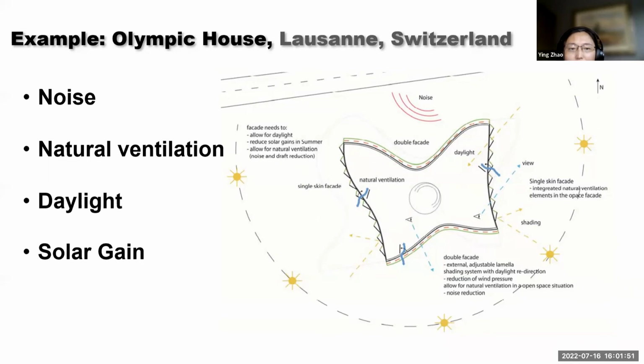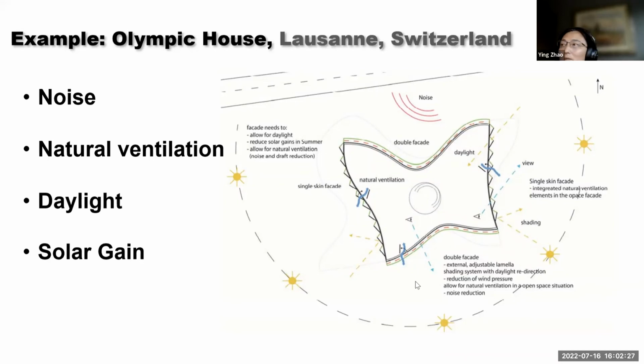So for natural ventilation, they will do that for all the perimeter zones. For natural ventilation, an issue to consider is the draft, because they want to use it, but sometimes the wind speed is high. So to reduce the draft, they consider a double skin facade.